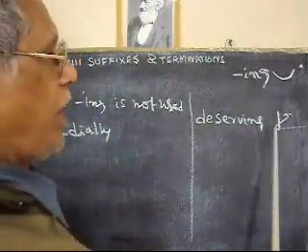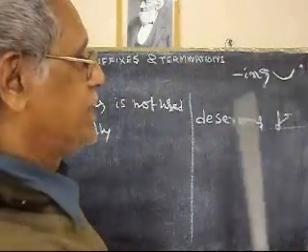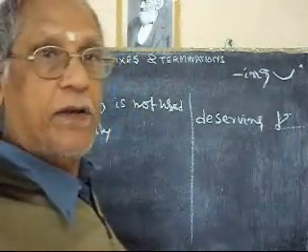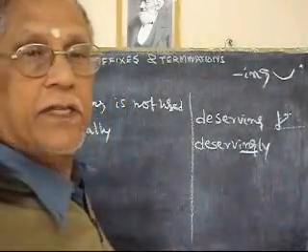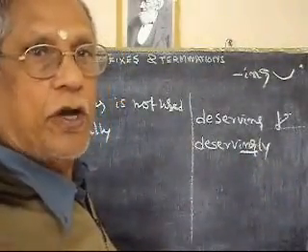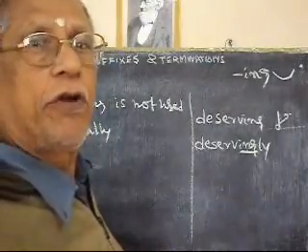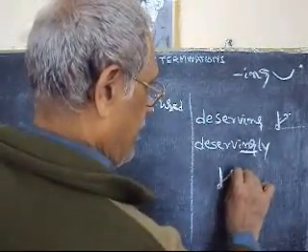Deserving: after an upstroke finally hooked, dotting can be used. But deservingly, ing has come in the middle of the word, so you cannot use dotting, because after putting the dot, how to write ly? Deserve.